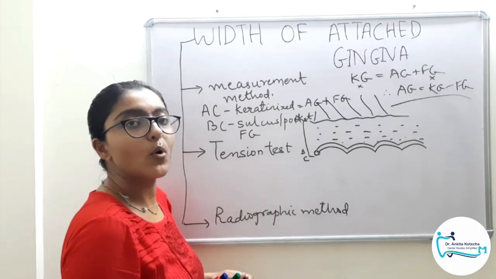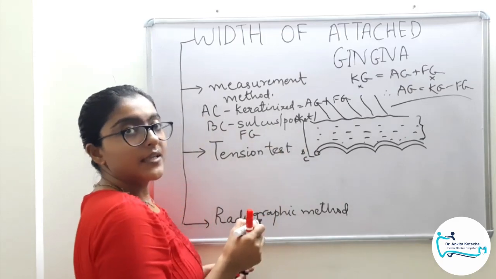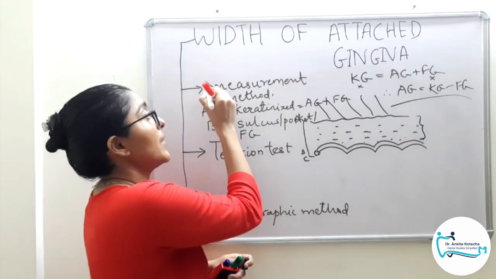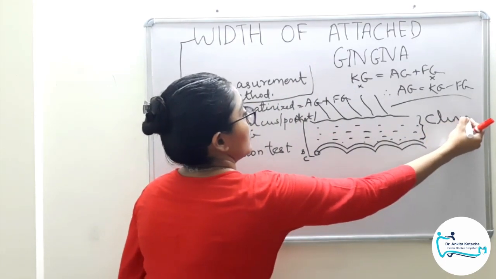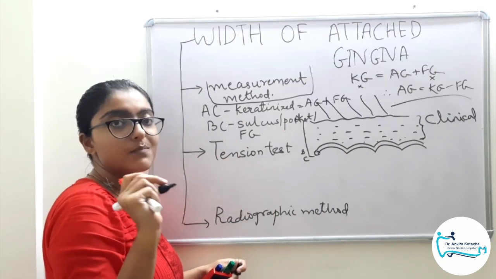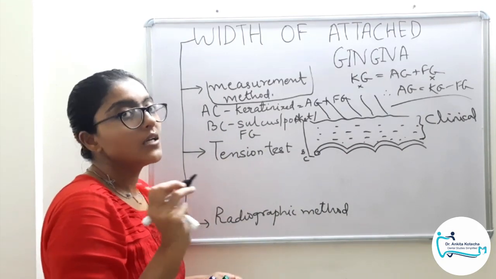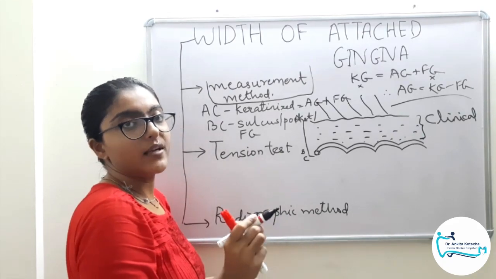Here I have one more point to add, that is this parameter measured via measurement method is called clinical attached gingiva. Just like we have 2 types of probing depth, that is biologic probing depth and clinical probing depth, similarly, we have 2 types of width of attached gingiva.